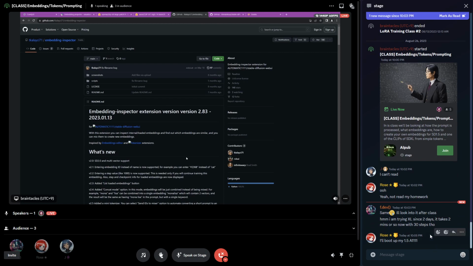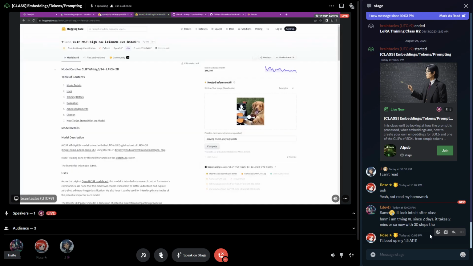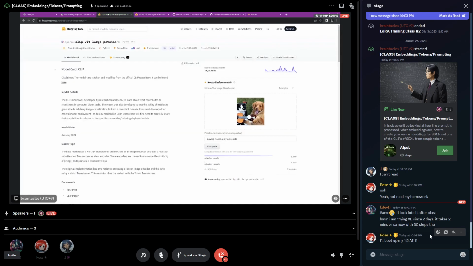All right, Rose. So actually, here's the thing about the embedding inspector. It does not make Stable Diffusion Excel embeddings, but it does support the one clip model. I don't want to dive too deep too quick, but Excel has two clip models, the G and the L. Those are more obvious in Comfy.